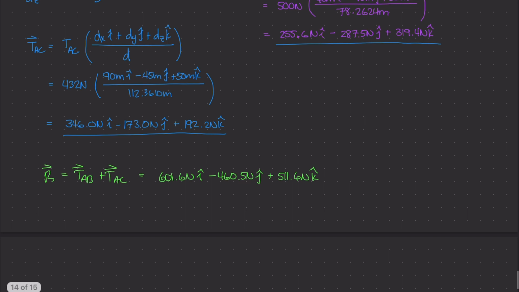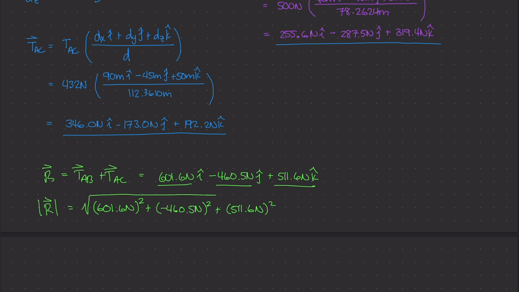Now we need to figure out its magnitude. So what is R's magnitude? Well, that is just going to be the root sum square of these three components for R, and we can do that pretty easily. It would be 601.6 newtons squared plus negative 460.5 newtons squared plus 511.6 newtons squared, and then we can add those together and then take the square root.